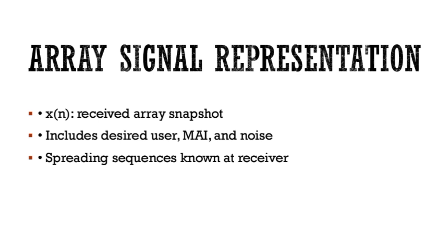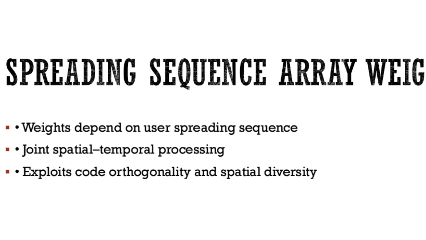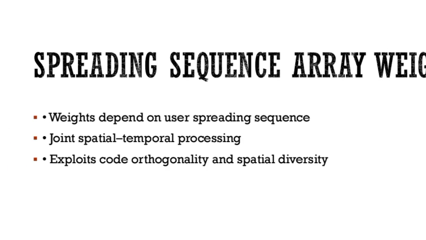The next thing is we need to represent the array signal. For that, X of n is your received signal array. Next, you have to include the desired user using spreading sequences, and we need to know it at the receiver also. The next thing, the spreading sequence array weight we need to find.